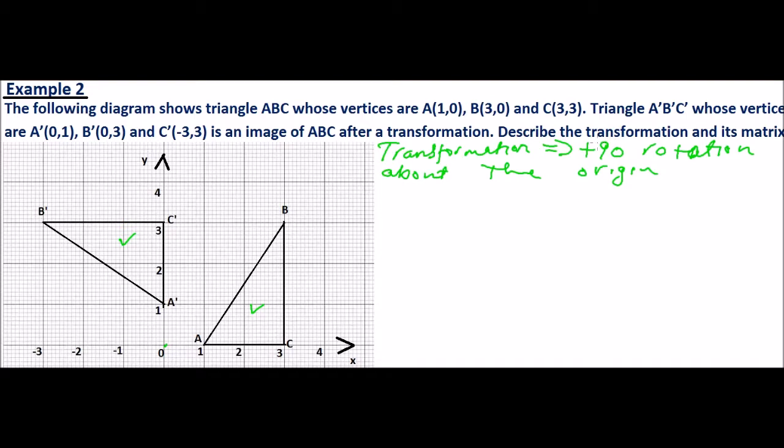Now from there we are required to find the matrix of transformation. That is a matrix that you can use to transform this figure onto our image.